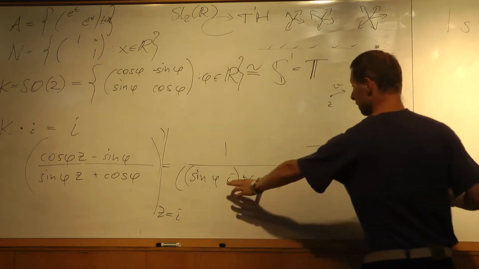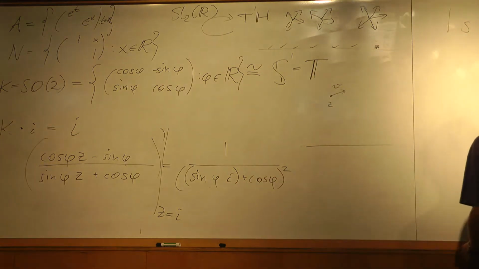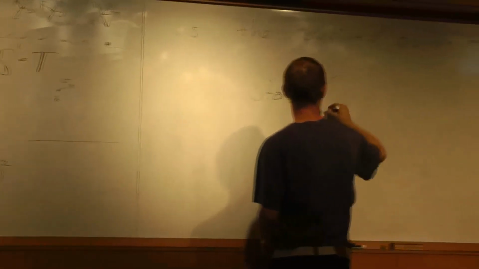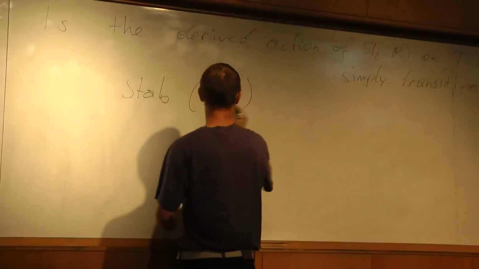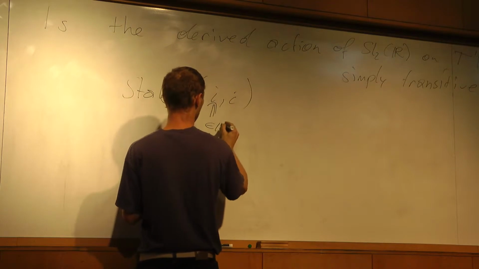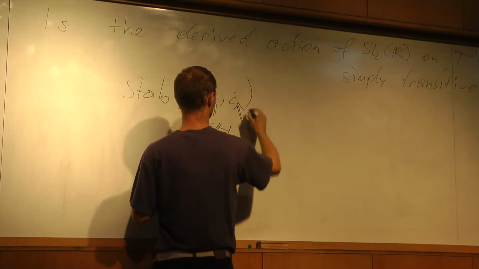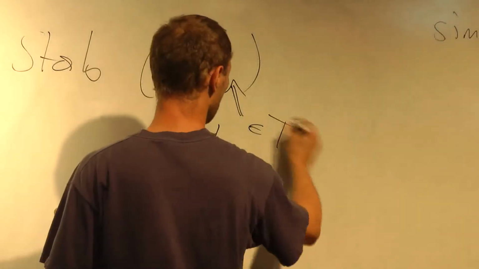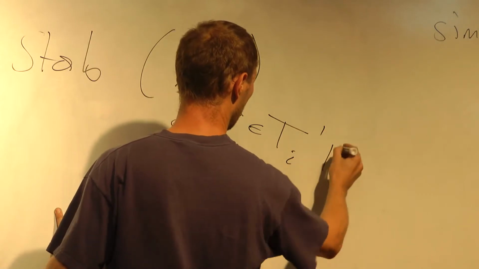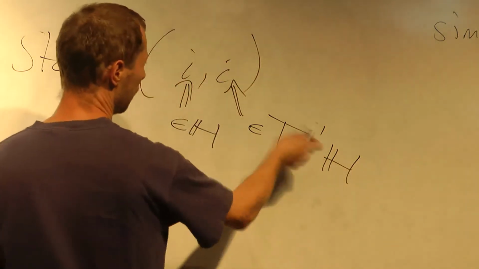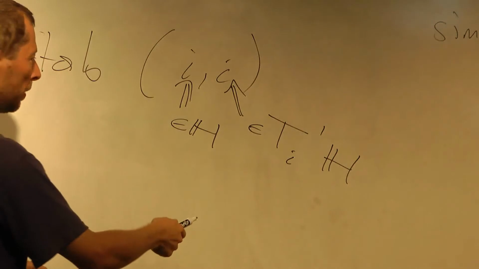Which tells us that the stabilizer of (i, i), so this is in Z, and this is in the unit tangent bundle at i of the hyperbolic plane.